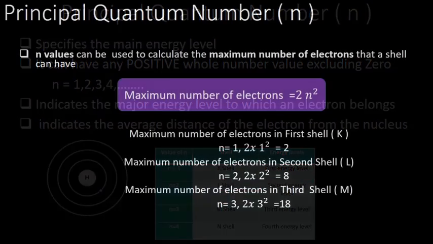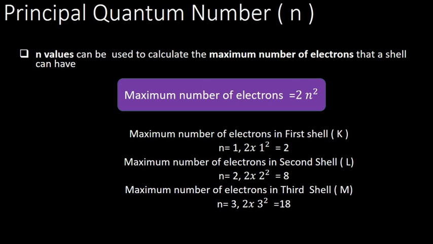Now another important factor is that the n value can be used to calculate the maximum number of electrons that a shell can have. How many maximum electrons the K shell can accommodate can be calculated. There is an equation: 2 into n raised to 2, where n is the principal quantum number.